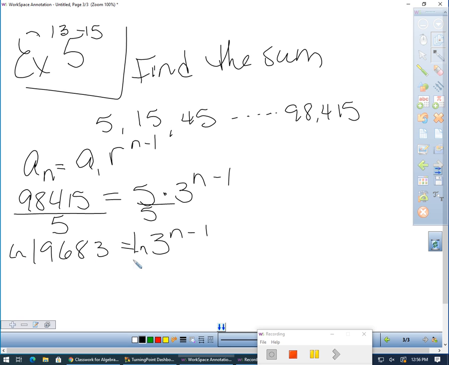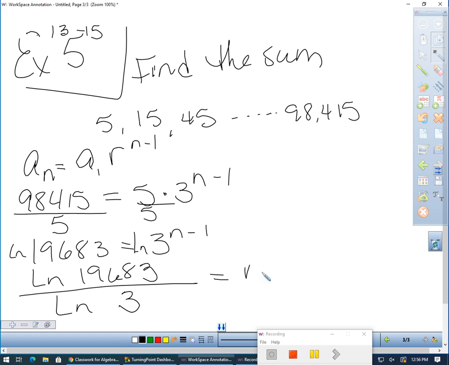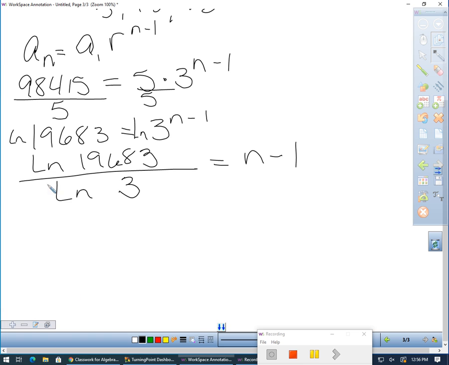So we have the natural log of 19,683 divided by the natural log of 3 equals n minus 1. So grab your calculators, type this in.